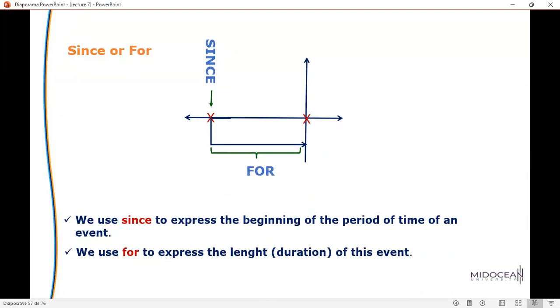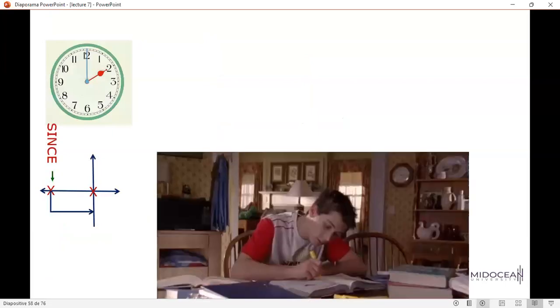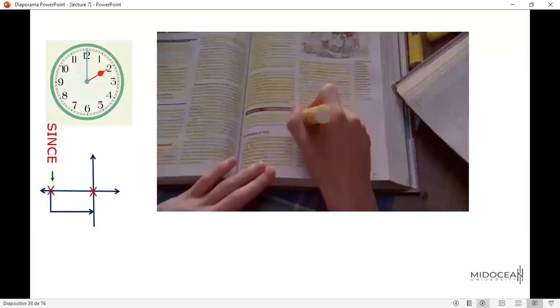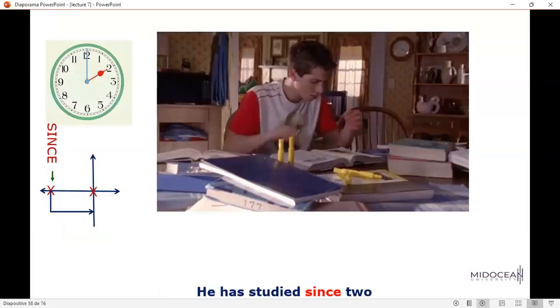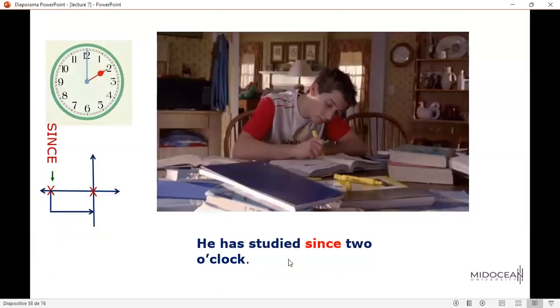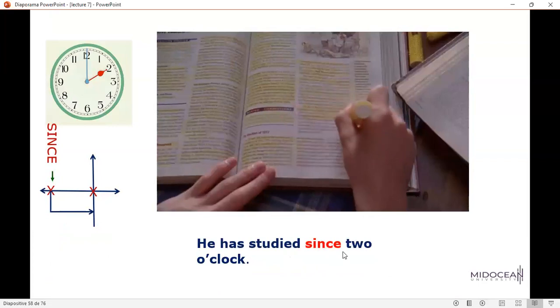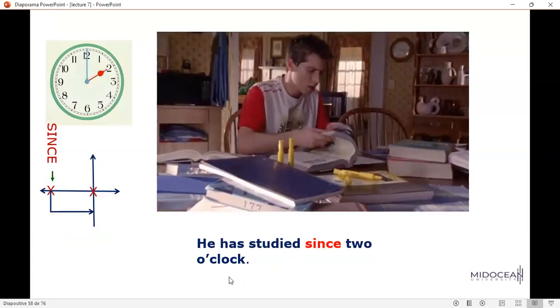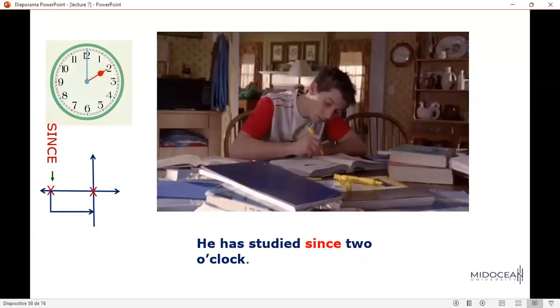And we use for to express the length or duration of this event. Okay. So look at this example. Since. So here he has studied since 2 o'clock. So you have 2 o'clock.